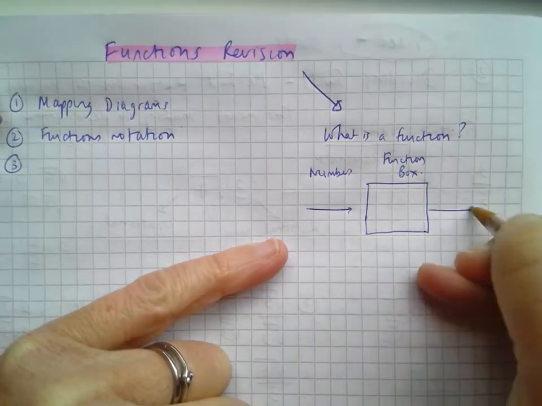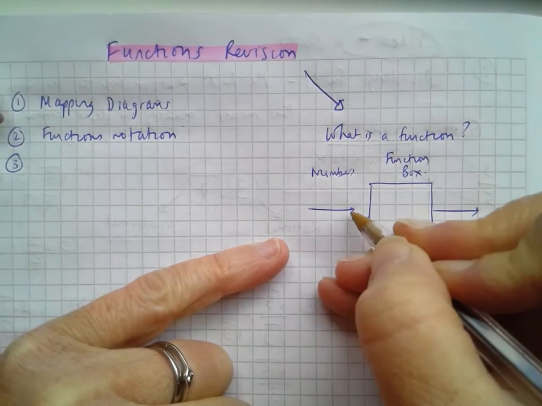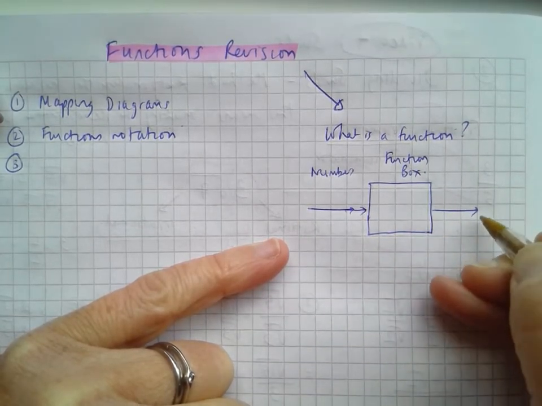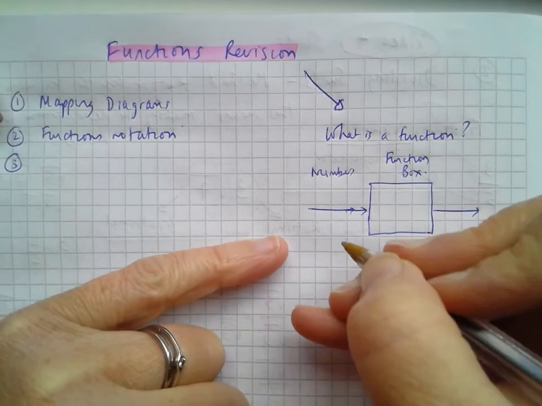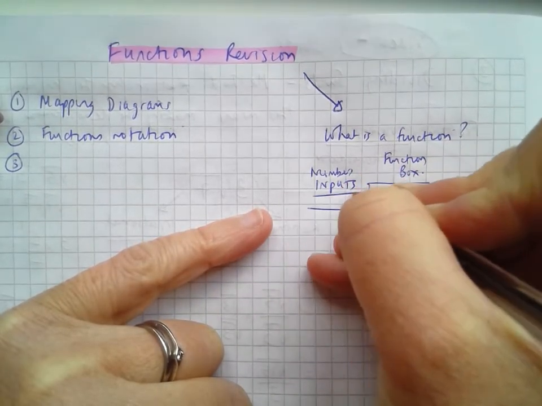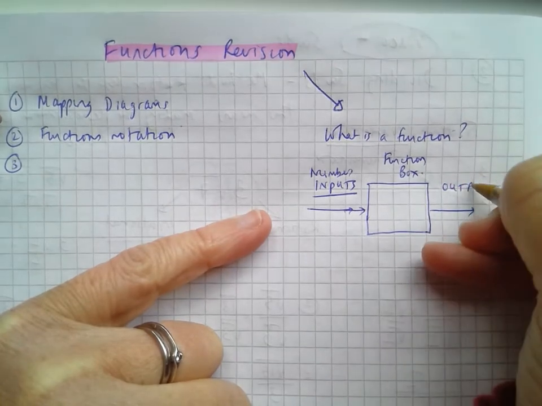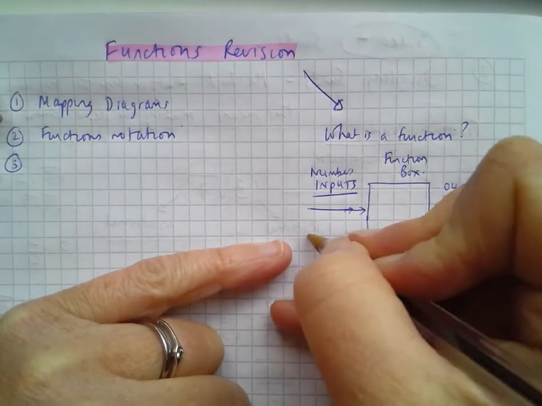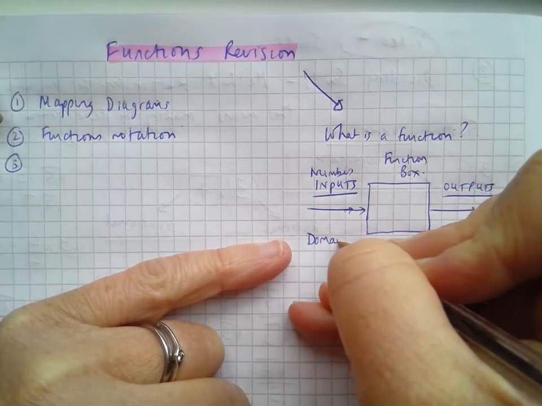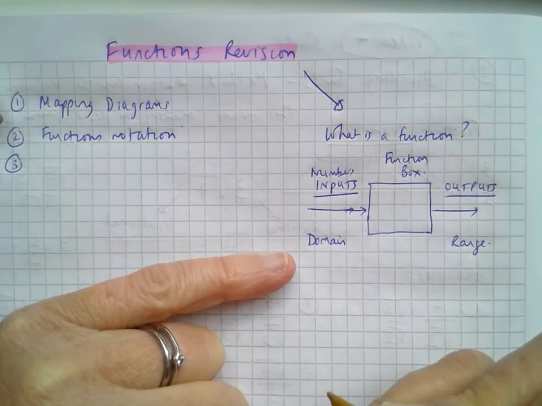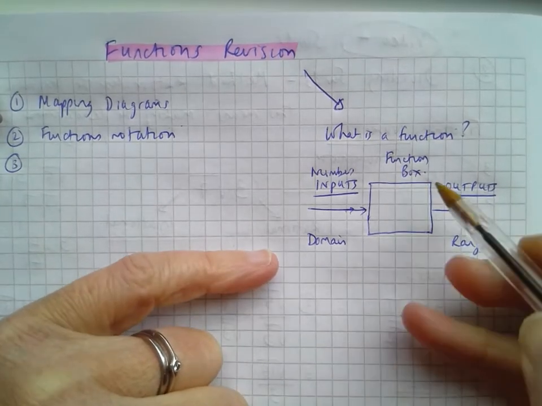A bit like in a factory, you feed something into the box and the box does something to the numbers and puts numbers out. The numbers we put in are called inputs and the numbers we get out are called outputs. Another name for the inputs is the domain, and the outputs are called the range. So inputs are domain, outputs are range.